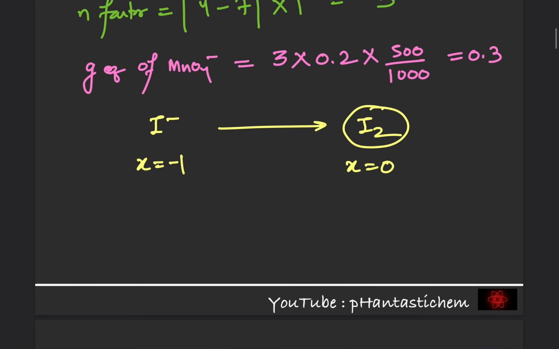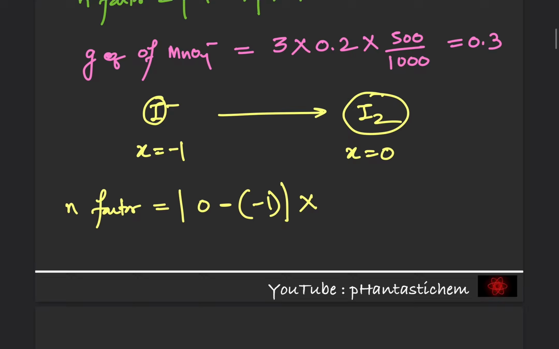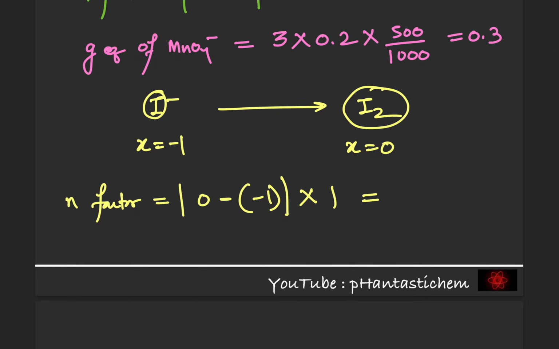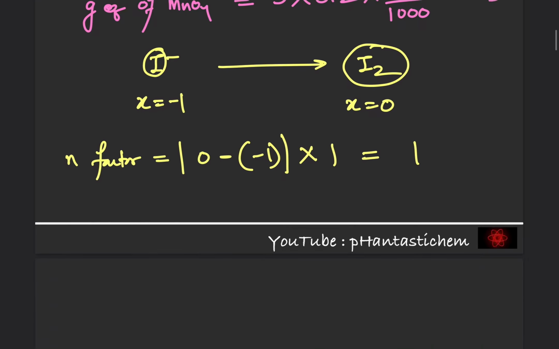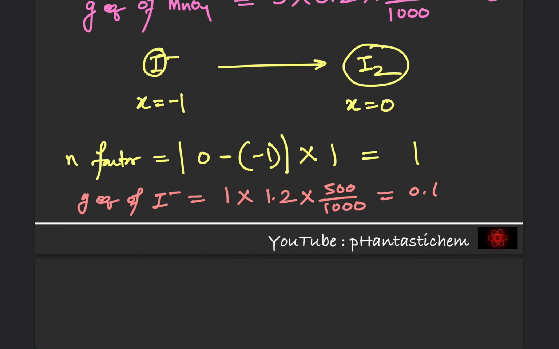Therefore n factor will be equal to modulus of final oxidation state 0 minus initial oxidation state, into 1 iodine atom undergoing change, so it will be equal to 1. Therefore gram equivalence of I minus will be equal to n factor 1 into molarity 1.2 into volume of the solution 500 by 1000. So this will give me 0.6.